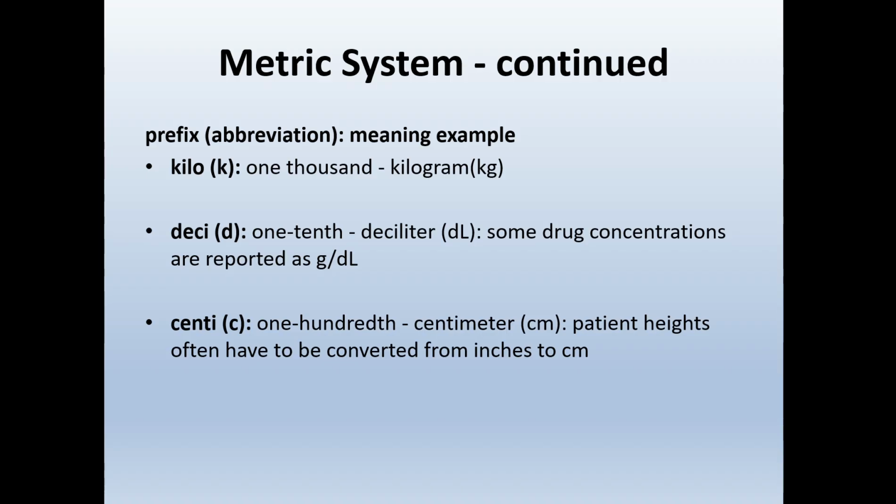Deci, the symbol is D, and that is 1/10. So you also have deciliter. When we go further, you see that some drug concentrations are actually reported in grams per deciliter.